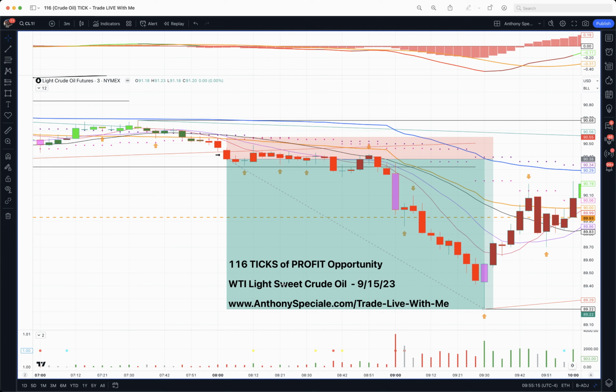Would you have called all 116 ticks? Pretty unlikely, only because there wasn't a target sitting here. But I do like taking profit at 50 cents, 25 cents, 75 cents, round dollars. Those round quarters for me are areas where I would be taking profit. So yes, I probably would have even peeled some of my profit off down here at 89.25.